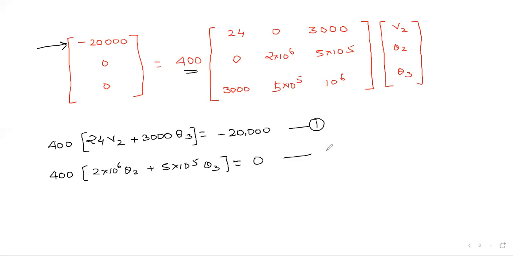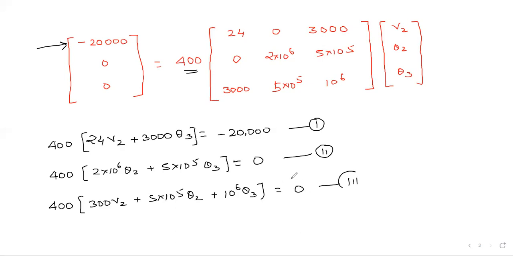This is equation number 2. Now equation number 3: 3000 V2 plus 5 into 10 to the power 5 theta 2 plus 10 to the power 6 theta 3 equals 0. We have 3 equations and 3 unknowns.